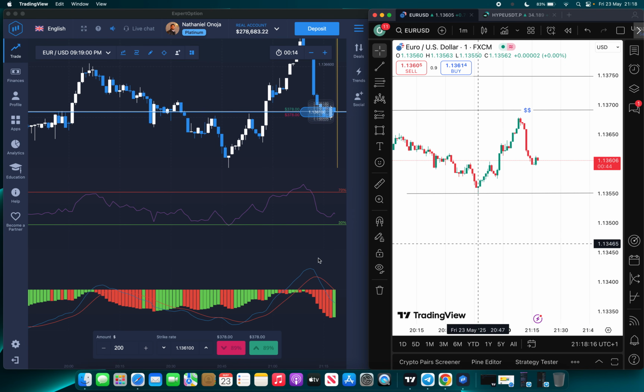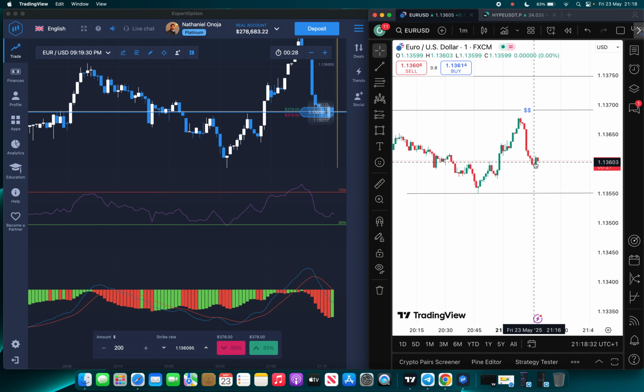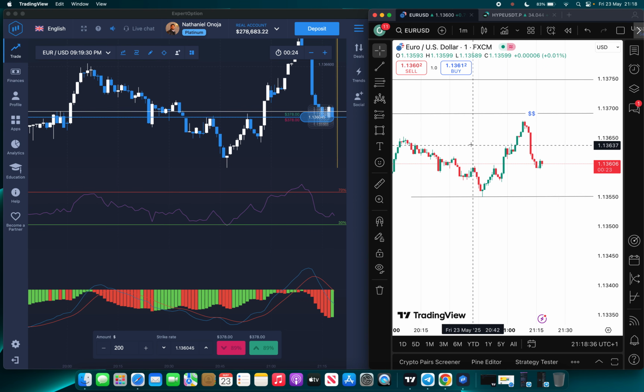Okay, so let's wait. It is definitely going to take out one of those, this or this. Anything around here is not a good entry. So you now understand that patience in trading is not just waiting to take profits. Patience also means waiting for your perfect entry.